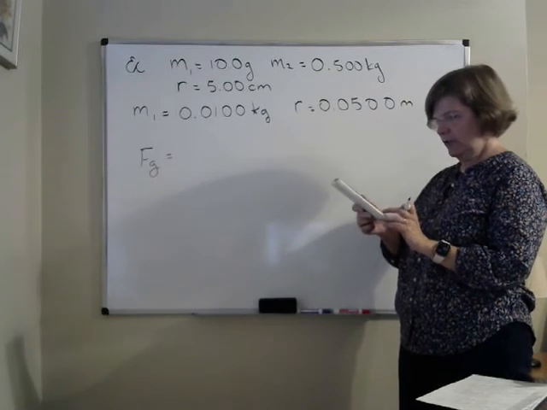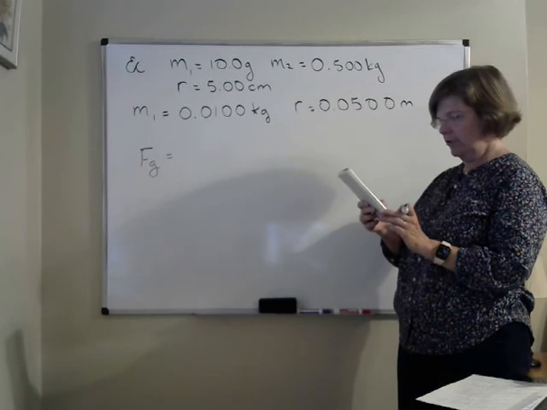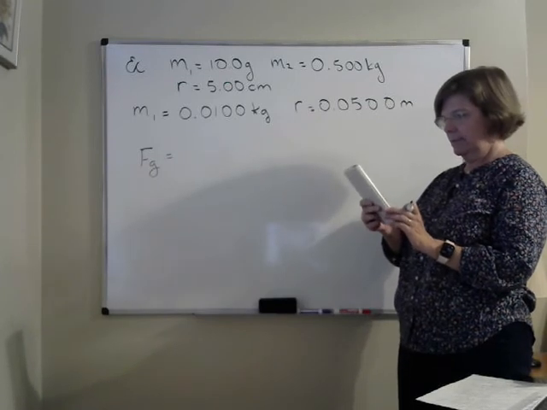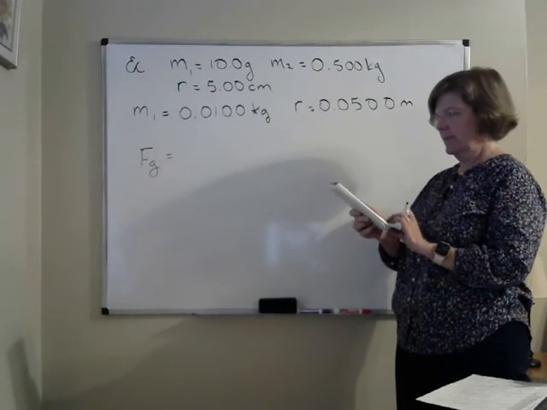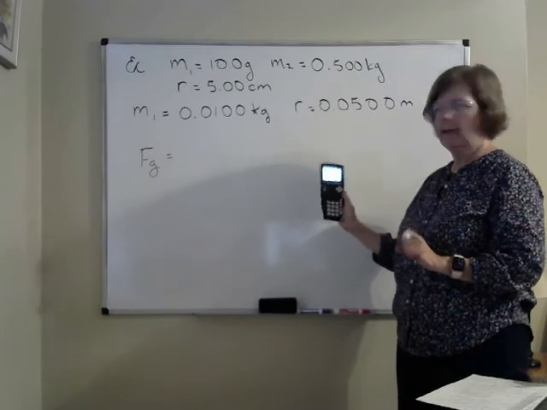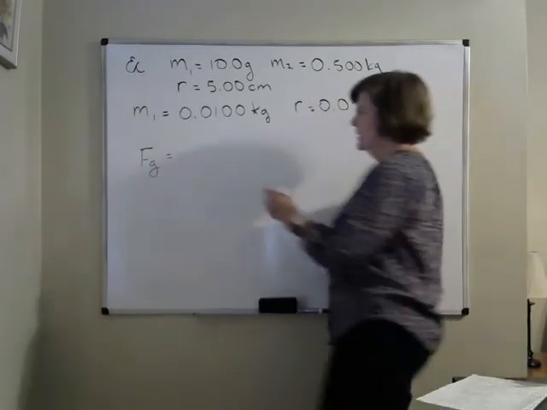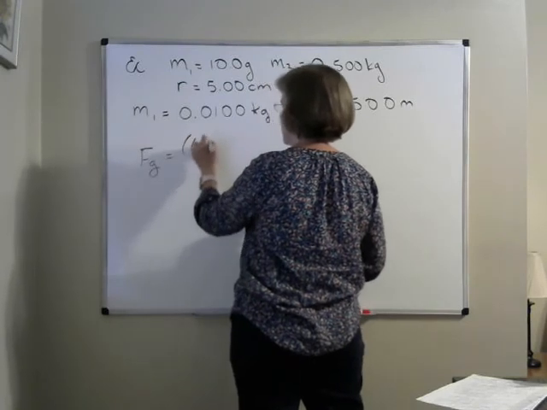And I'm going to just store that as alpha G. Where's my G? There it is. So now anytime I press alpha G, it gives me that number, and I don't have to type it in again.